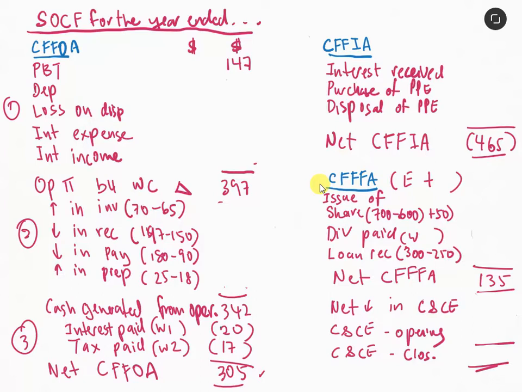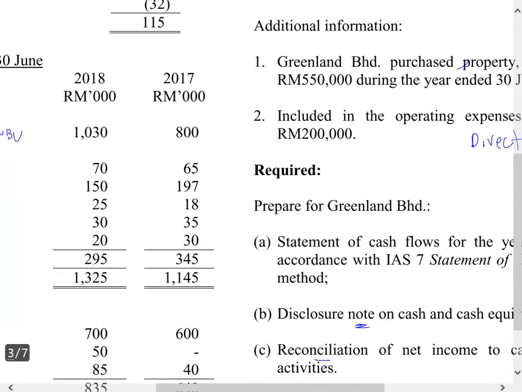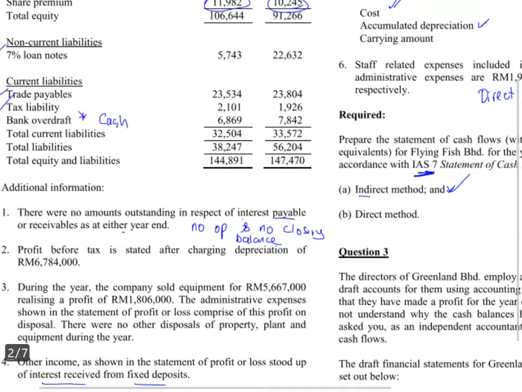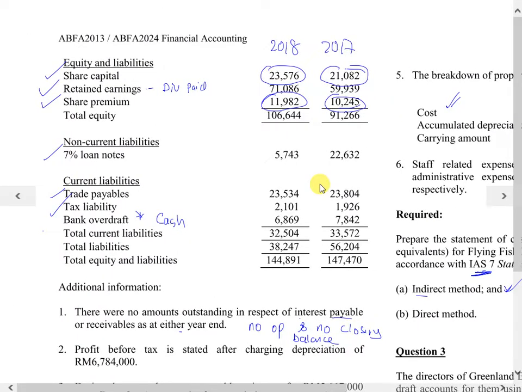If you refer to question 2, especially on tax paid, which one do we refer to? We look at tax liability, correct? To calculate tax paid, we look at tax liability. To calculate dividend paid, we look at retained earning.